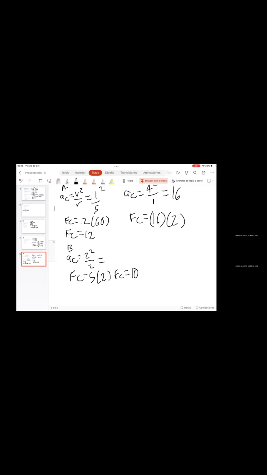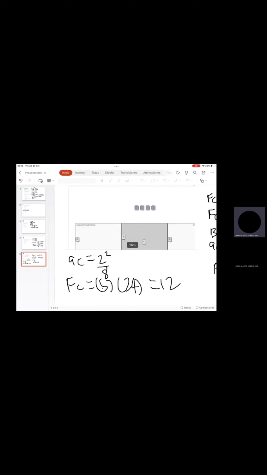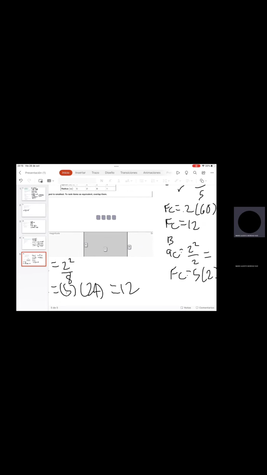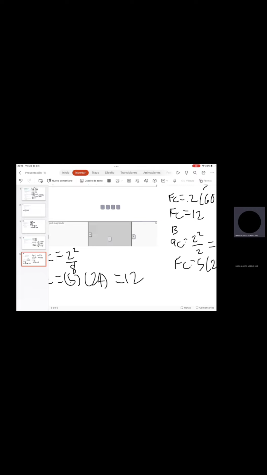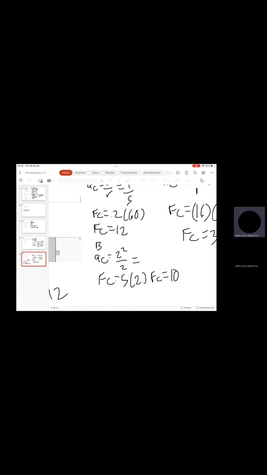So as we can see, the biggest was letter D. Then letter A, that was 12, and letter C, that was also 12, were in a tie, and letter B was the last with 10. So with this, we conclude all the problems of stage 3.